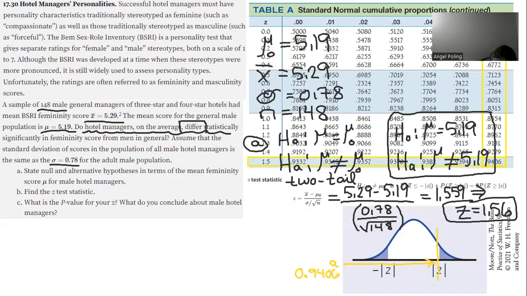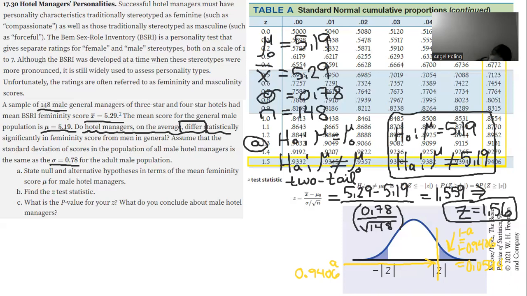And the first step is to find 1 minus A, to find this shaded area to the right. 1 minus 0.9406 is the value 0.0594. You can't see it very well, but we'll rewrite it over here.